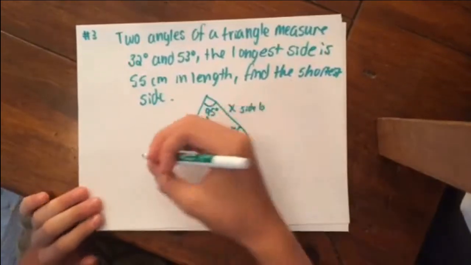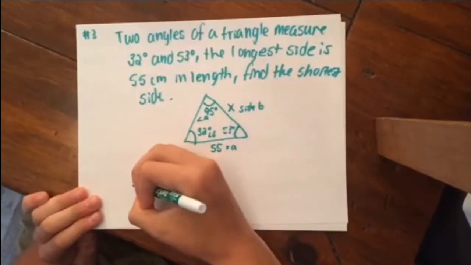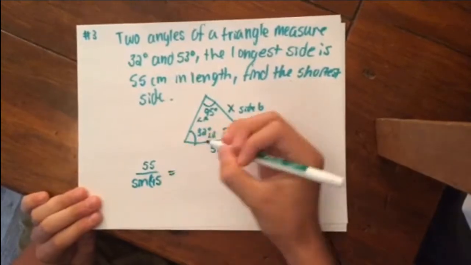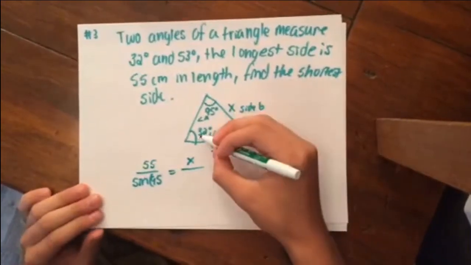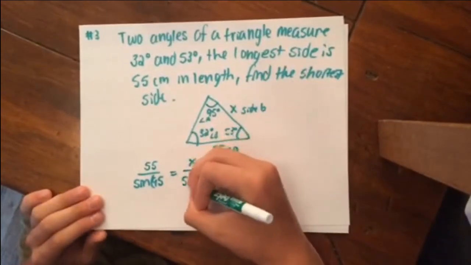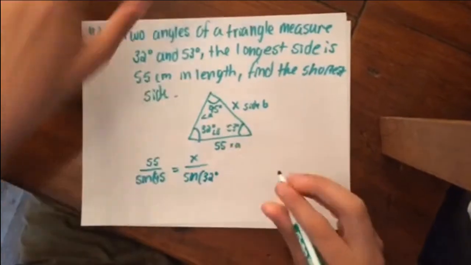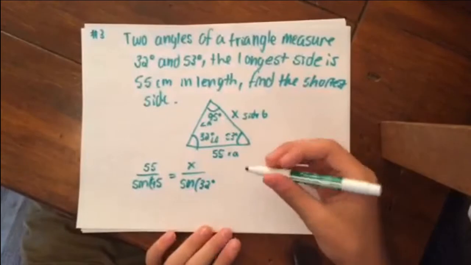We'd have 55, which is the longest side, over the sine of 95 equals x, which is the unknown, the smallest side right here, across from the smallest angle, over sine of 32 degrees. So once again, just like every other problem, you have to isolate x.